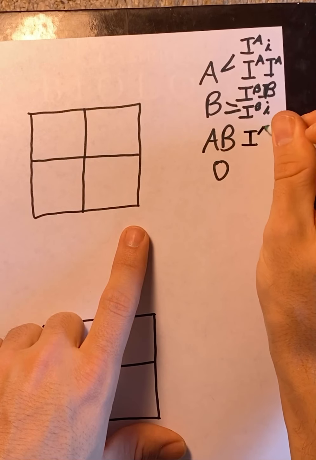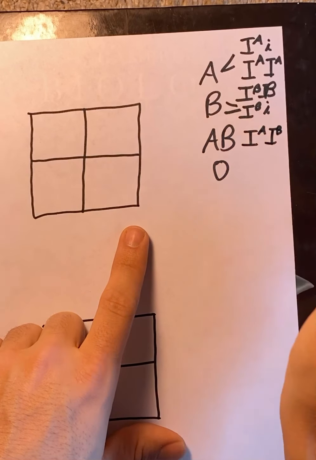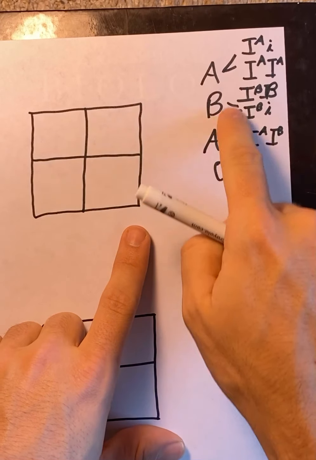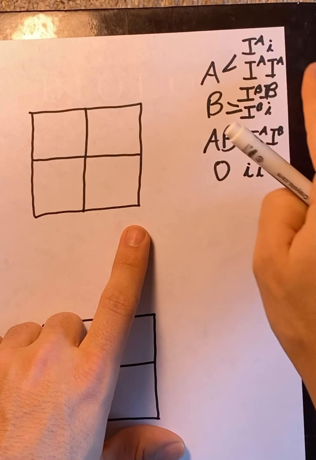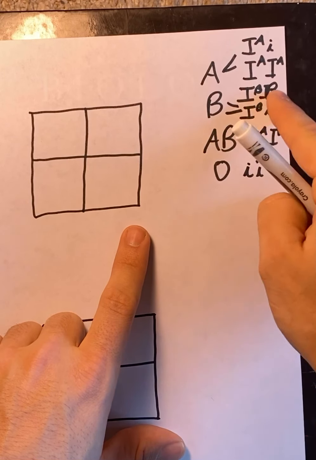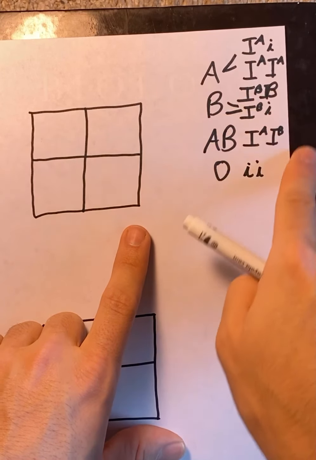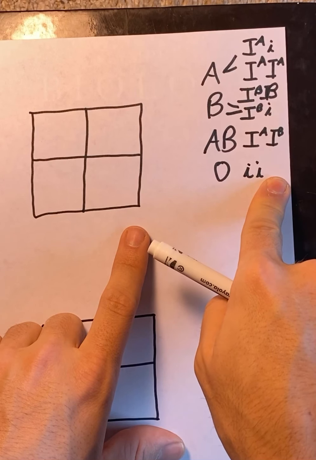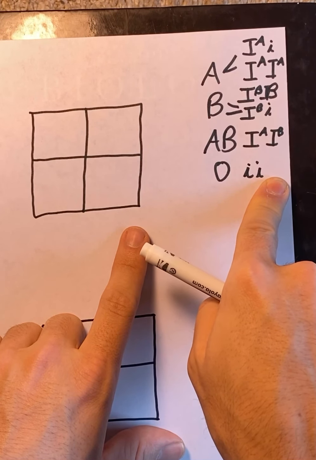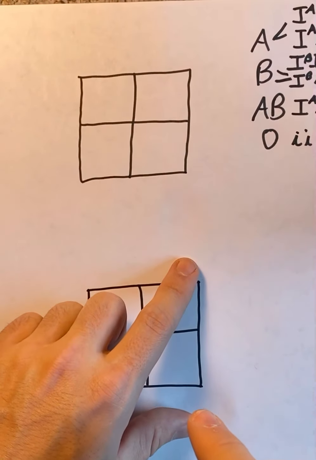AB is going to be IA with an IB, and O is just going to be two little i's, okay? So A and B can each carry that one little o allele, or they could be completely dominant. But see how there are multiple different alleles here? There's more than just two. There's actually three, and so it just matters which ones you get. But you can do Punnett squares to figure this out as well.